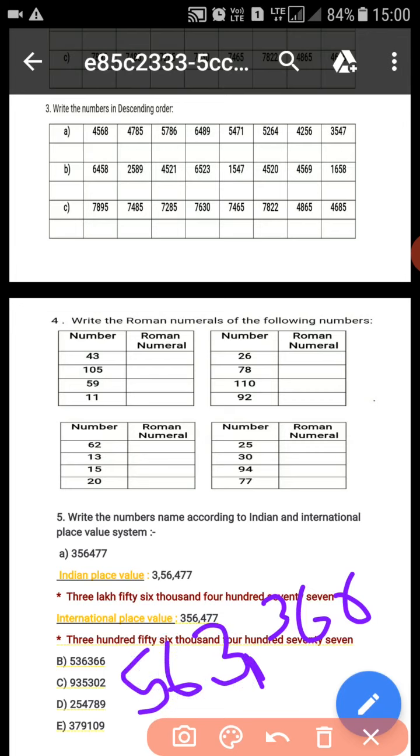Okay, because in the international system we put a comma after every 3 digits. Okay, so how to read this? 563,366. Okay, so get it? What is the difference between the Indian place value and the international place value?